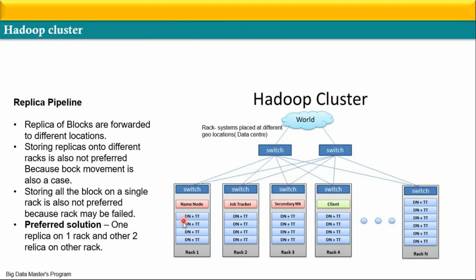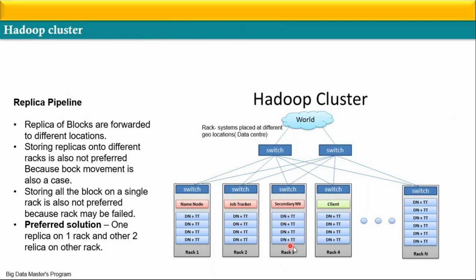These different data nodes are placed inside the rack, and inside these data nodes I'm going to store my blocks. Say data node 1 is having block 1, data node 2 is having block 2, and this particular data node is having block 3.